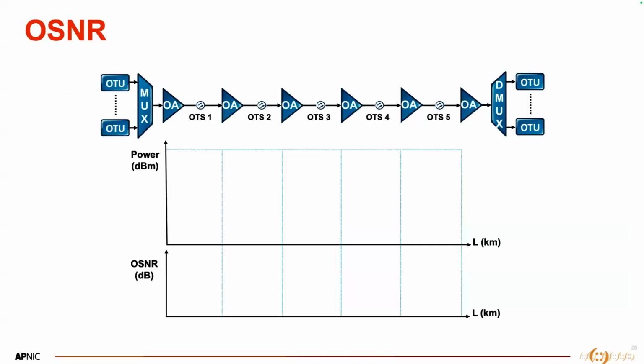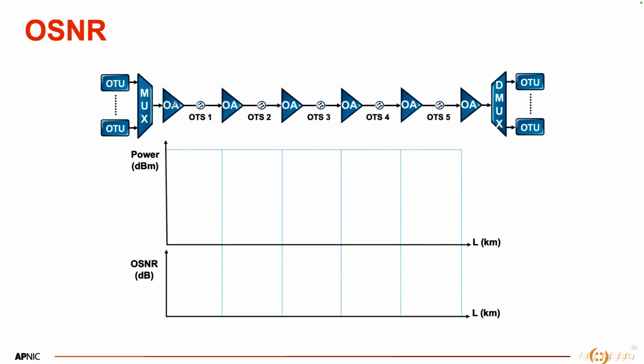Okay. So as you can see, this is a very generic structure of DWDM. Here we have the OTU. The OTU means the lambda cards, the wavelength cards, which are actually generating and transmitting the wavelengths or lambdas. Those OTU signals are multiplexed with the multiplexer, or the mux card.